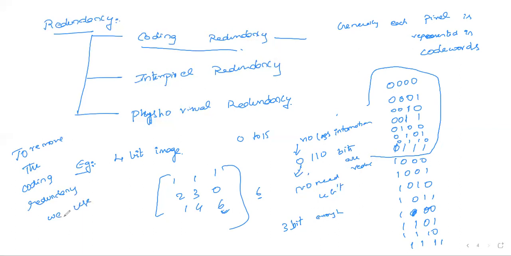we use encoders. Okay, encoders. Encoders are of many types. Some examples are Huffman coding, Huffman bit plane coding, variable length coding.